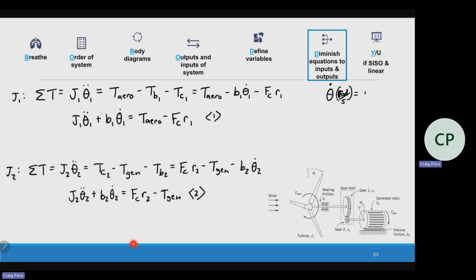We can change that to omega, which is radians per second. And that means that theta double dot, which is radians per second squared, would be equal to omega dot.